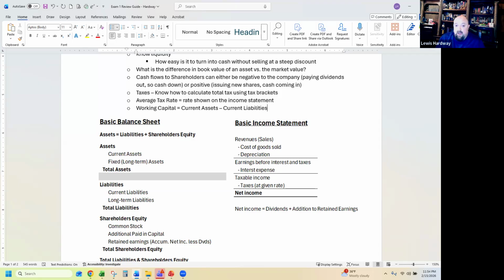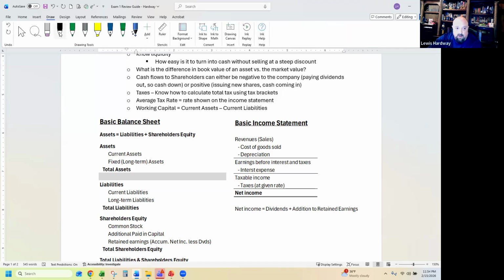Like anything else where you're solving for X, if you have one piece of that, you can work backwards. So if you're given working capital, think of it this way. Say it doesn't give us one of those numbers, but it gives us the working capital number.